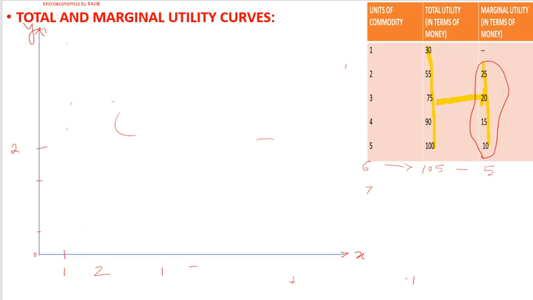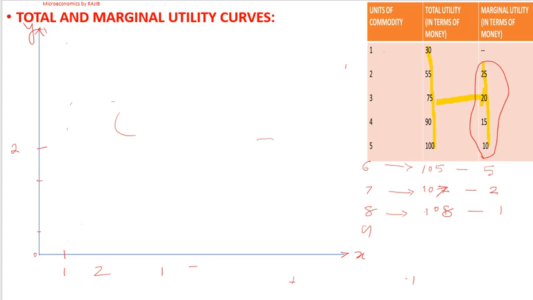For the 7th unit, suppose total utility is 107 and marginal utility is 2. For the 8th unit, total utility is 108, and marginal utility is 1.